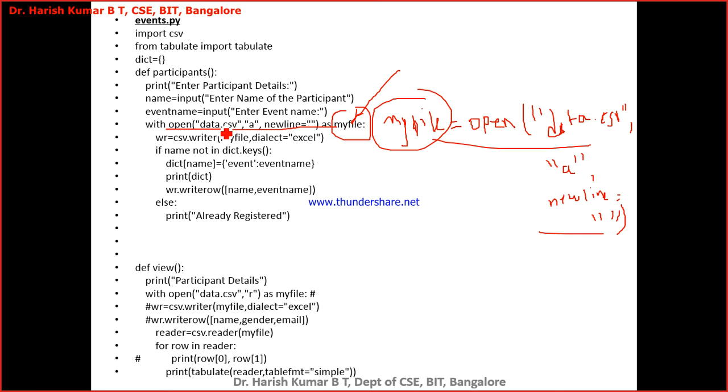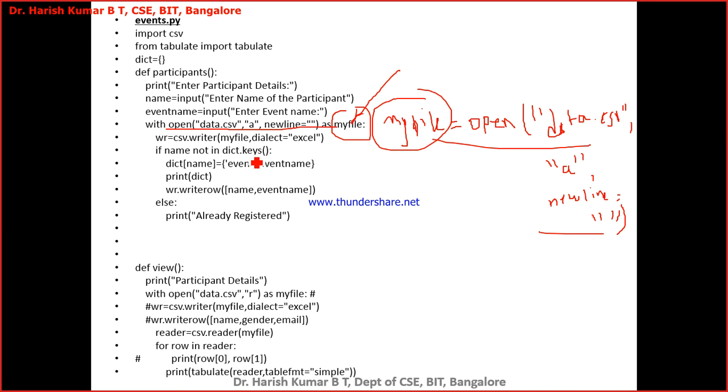You open a text file, write my name, comma, football for the event I'm registering for. Another person, some name XYZ, is interested in dancing. So the values are separated by commas. But I don't want them to look like an ordinary text file, I want them to look like an Excel file. So I make my handler follow the Excel dialect.